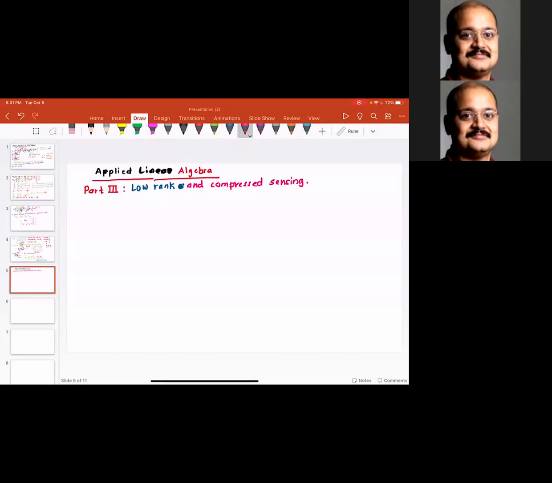So what are the key concepts in this chapter?